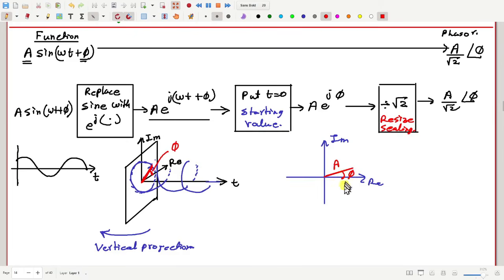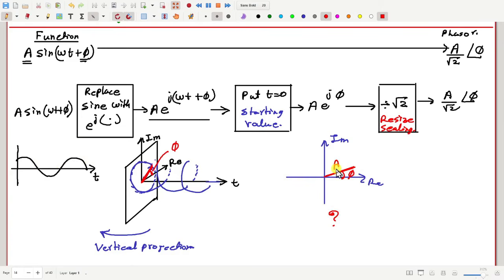But in the second last step, we are drawing one line, one vector or one phasor, to represent the original function. But how do we get the original function from this one line? What is the rule?